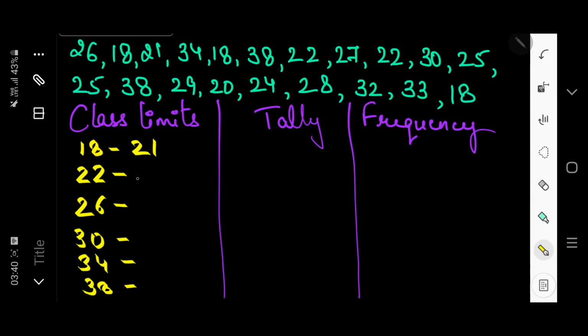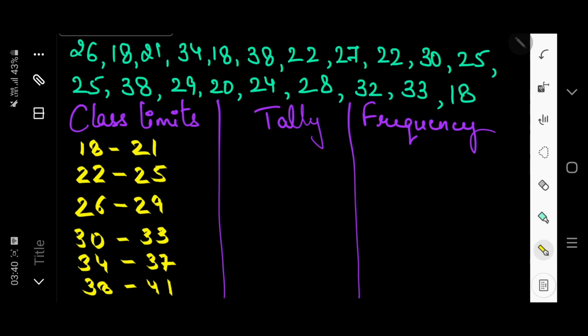Then in the second class limit, we will write 25 as the highest class limit, because we already have 26 in the third class limit. In a similar way, we will write all the values for all the class limits. So we are done with the class limits.